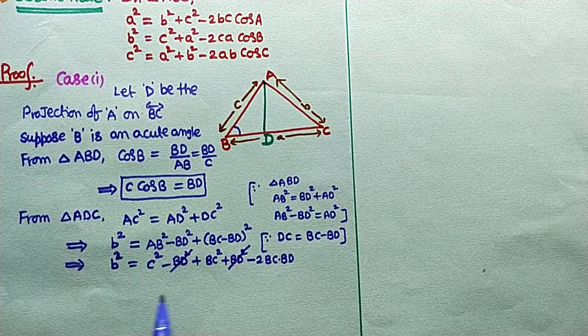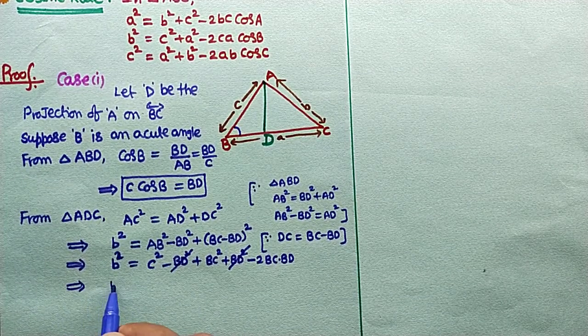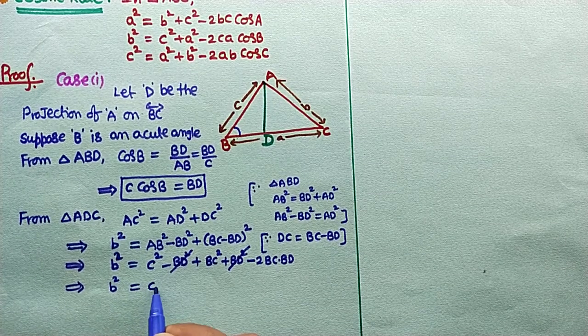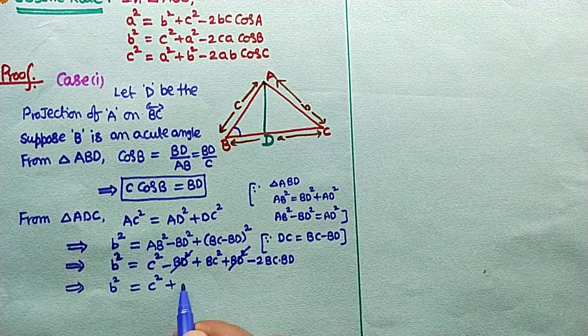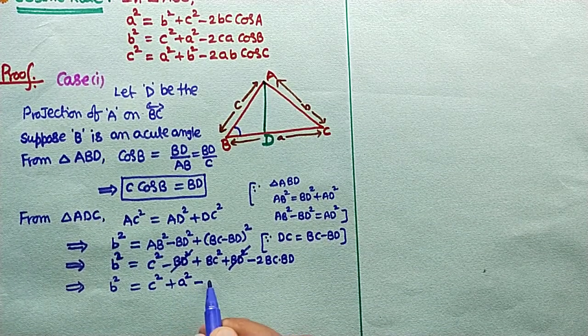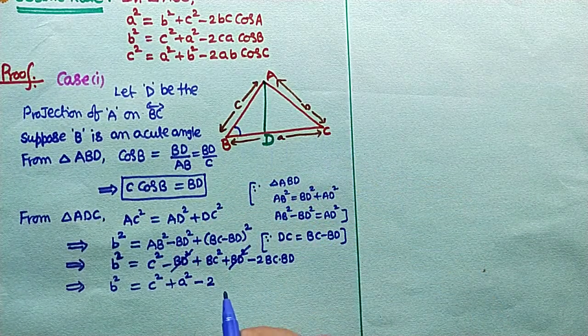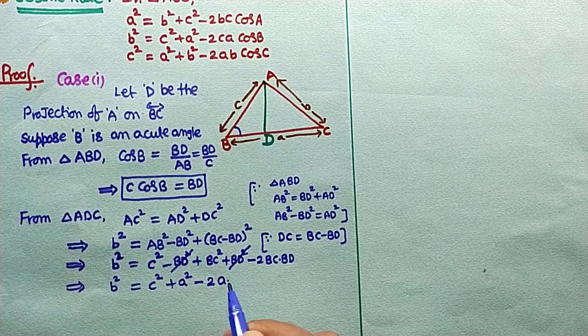After that, b square is equal to c square plus, BC is small a, so small a square minus 2 into small a into BD value.